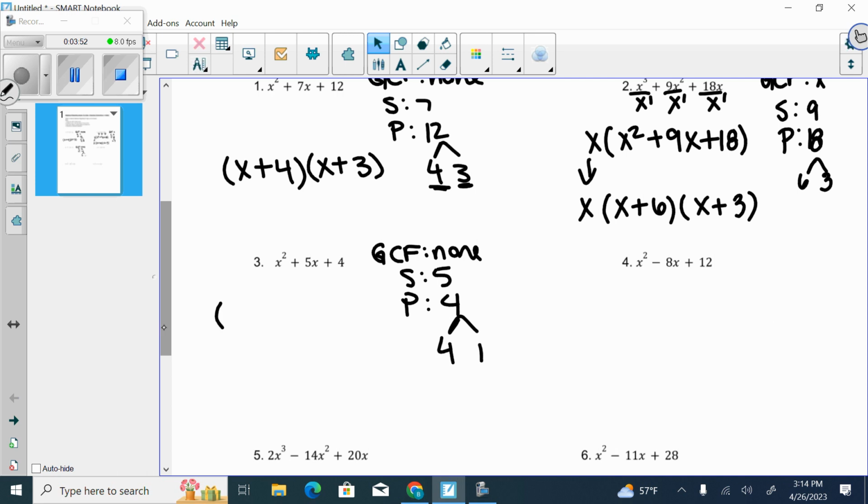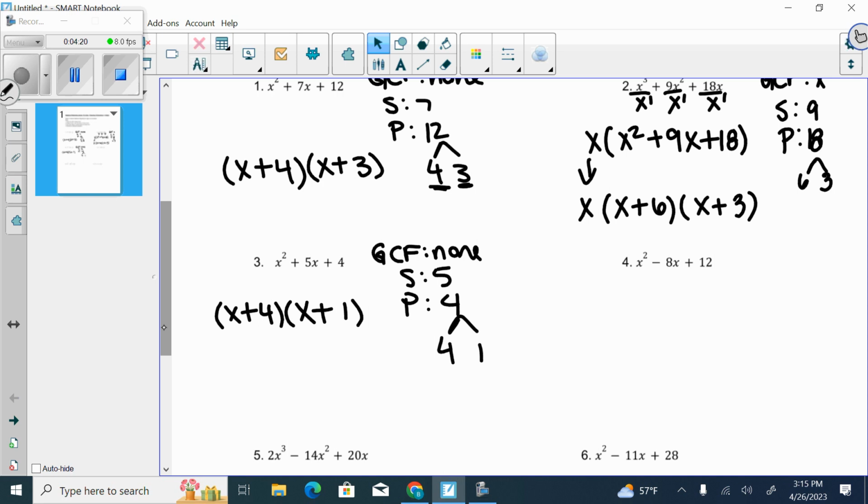So what are my two factors? What is it? X plus 4 and x plus 1. There we go. And then don't you want to flip it again? No, not right now. Not when we're factoring. That's when we go to solve. When we go to solve, then we change the signs.